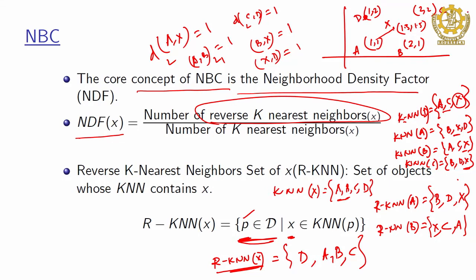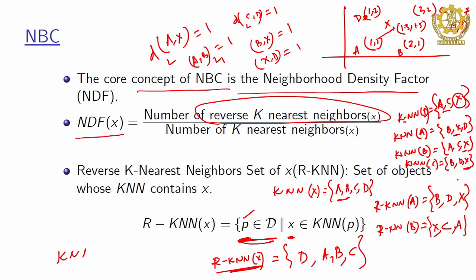Let us say you have a point here far away, let us say that point is (7, 7). What will be the reverse KNN, or first you compute the KNN. What will be the KNN for the point (7, 7)? How do you compute KNN?